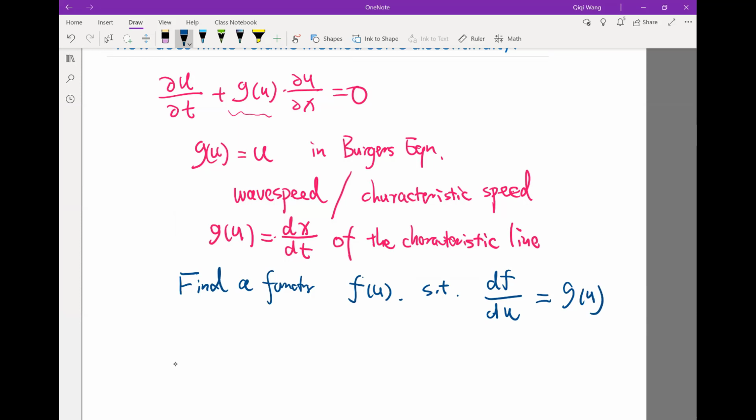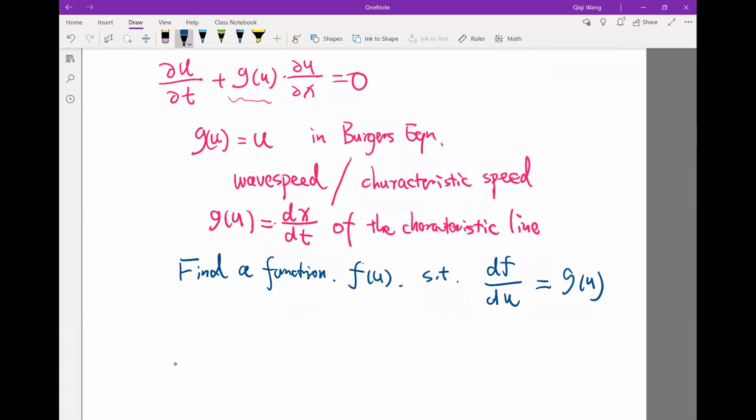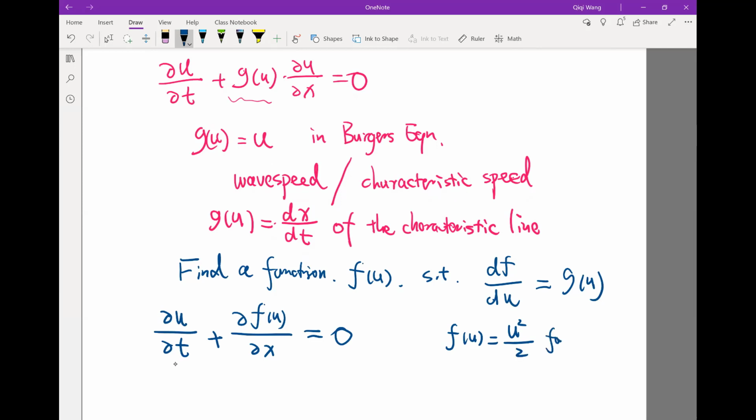If you find a function like this, then the differential equation can be written as du/dt plus partial f(u)/partial x equal to 0. So for Burger's equation, my f(u) would be equal to u squared over 2. This is because g(u) is actually equal to u, right?